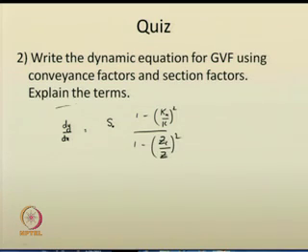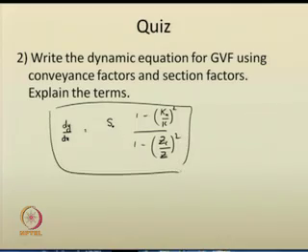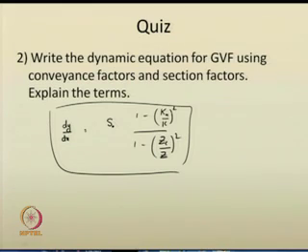This is the dynamic equation using conveyance factors and section factors. Here z c is the section factor for critical flow, z is the section factor for the existing flow, and S 0 is the bed slope.